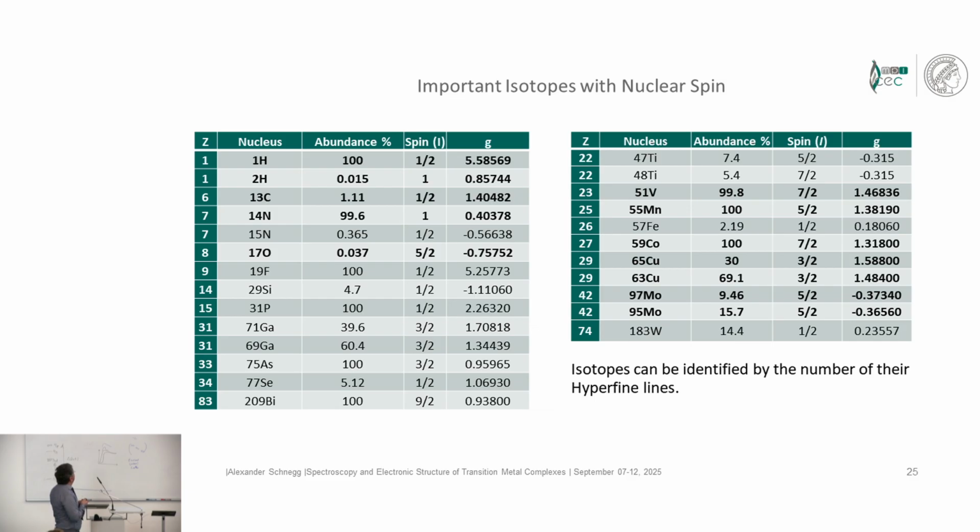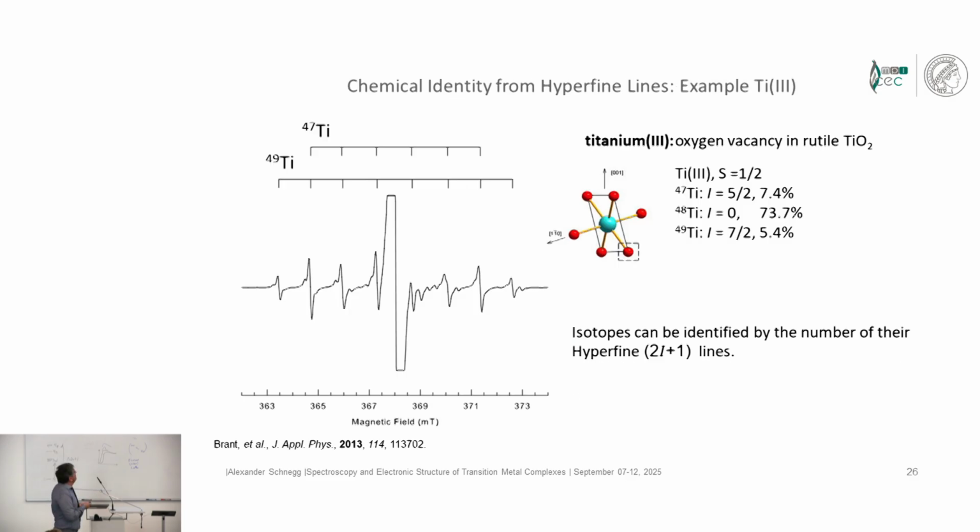Nitrogen has a nuclear spin, but also many important transition metals, like, for example, manganese, vanadium, copper has 2 isotopes. We will talk about this a bit later, or molybdenum, and many others. And these different spins and different gyromagnetic ratios lead to particular interactions which can be measured, and oftentimes can be more or less directly read off from the spectrum.